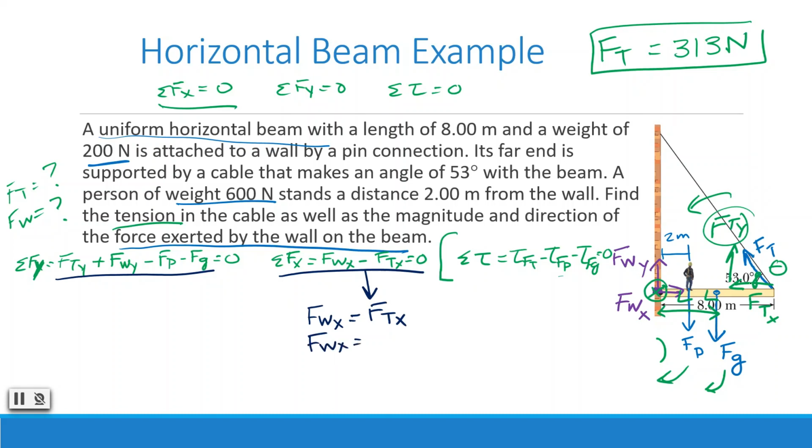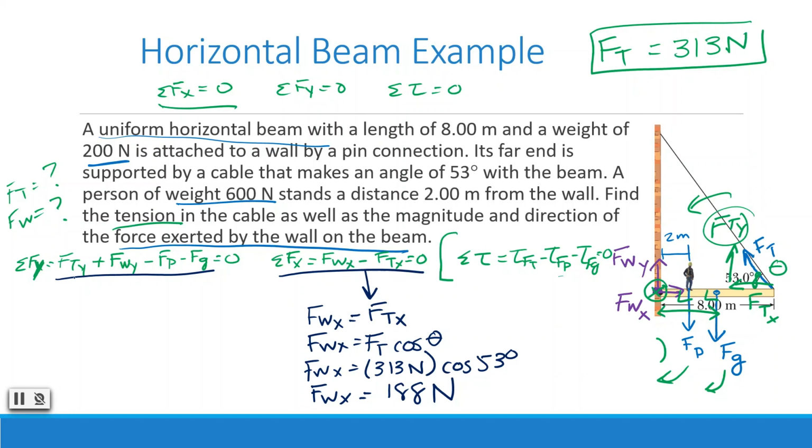Ftx is the adjacent side there, so that's going to be Ft times cosine of the angle theta. So plugging in, Fwx is Ft, which is 313 newtons, times cosine of 53 degrees, which calculates out to 188 newtons. I'm just using 3 sig figs here.